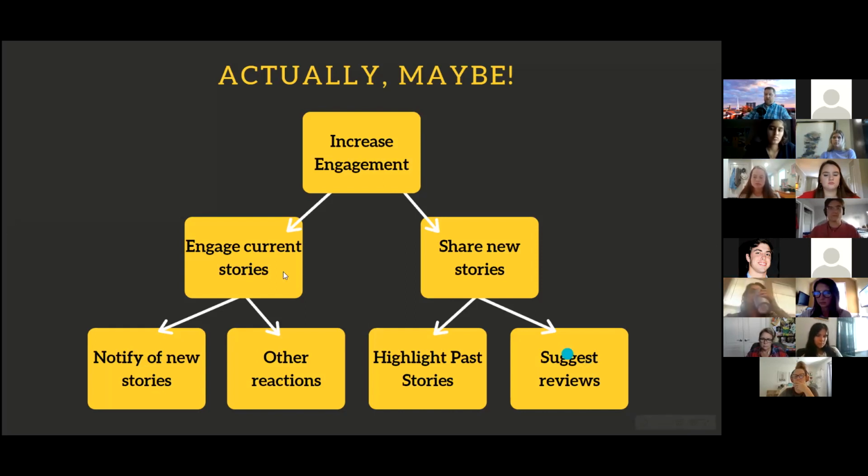One is more engagement on the current app, and the other is sharing new content. I should decide which branch I want to go down way before the solutioning step, because the problem is up here. Which problem I am trying to solve is everything above the bottom layer. Once I decide where in the tree I am, then I can start looking at the different solutions.